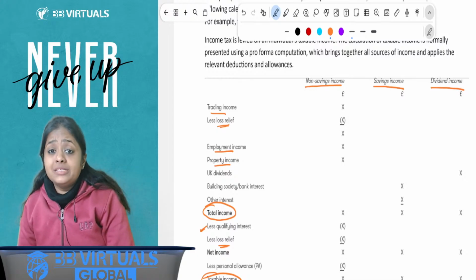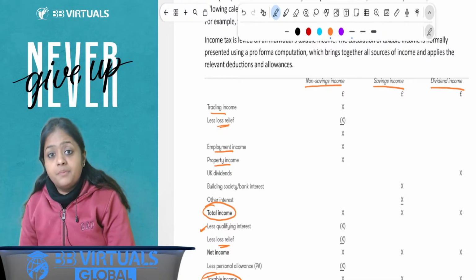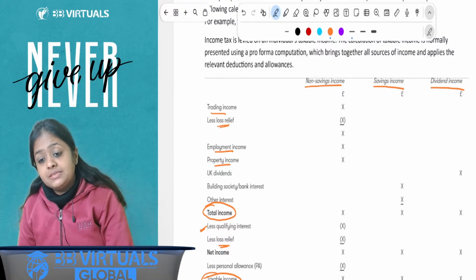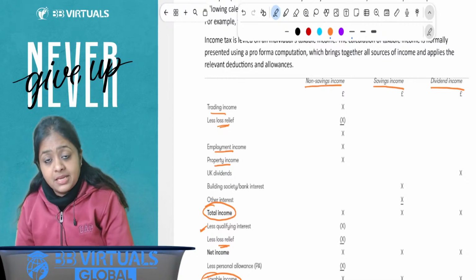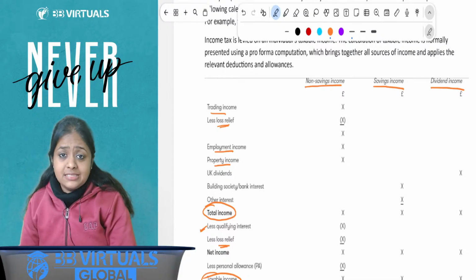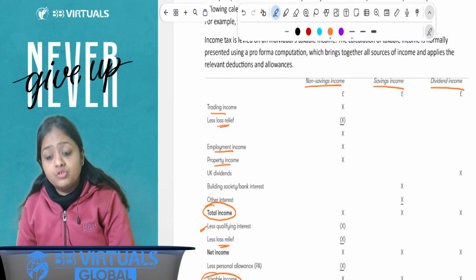So, it is 8.75% for the basic rate band. For the higher rate band, it is 33.75%, and for the additional rate band, the rate is 39.35%. Now, you don't need to memorize these rates. This will be given to you in the exam to follow and to check.